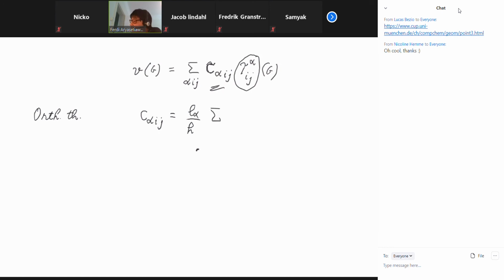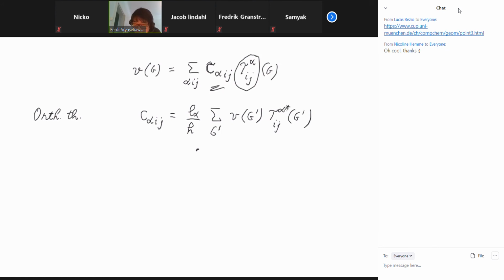We can get this vector, alpha h, sum over, I call it g prime, a vector g prime. So basically, I can choose a different label.